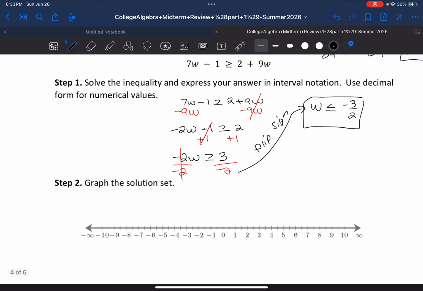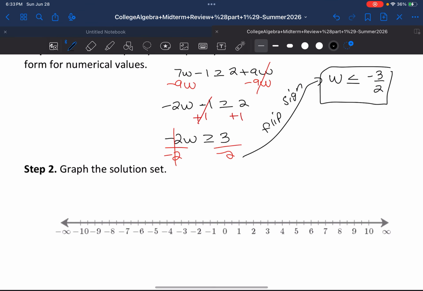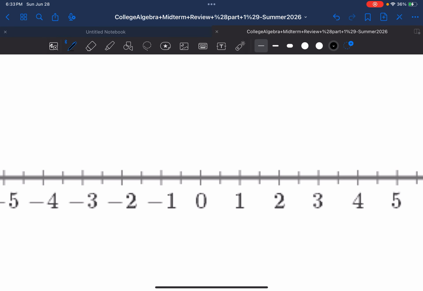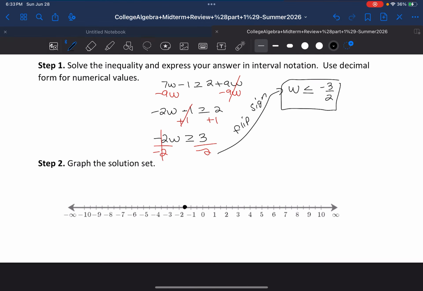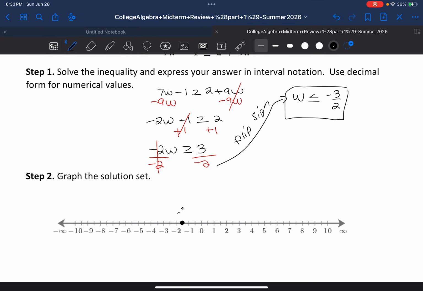So -3/2 is -1.5, which is right here, between 0 and -1. That is where -3/2 is.